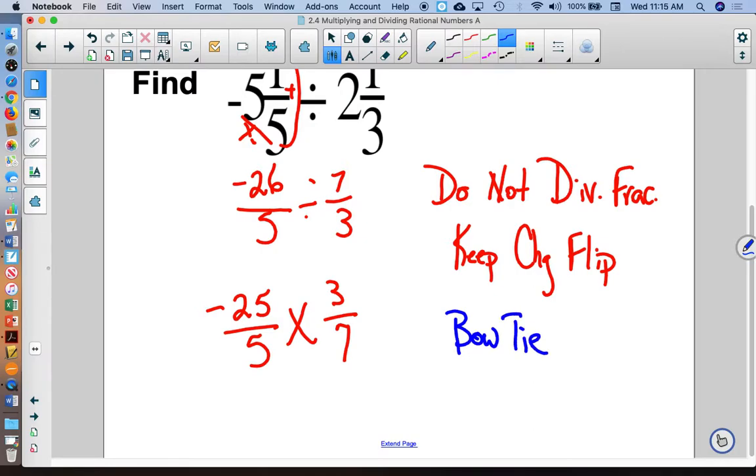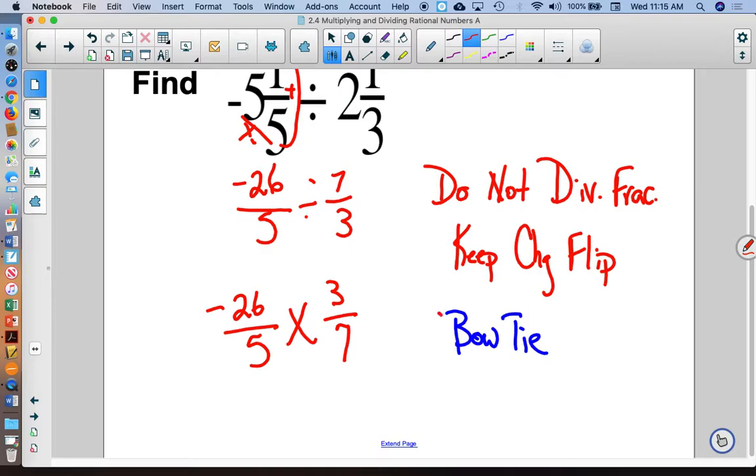Can I reduce here with the negative 26/5? Somebody said, oh, that's supposed to be a 6, isn't it? Yeah, thank you. That was supposed to be a 6. How about if I put the 6 back? Okay, can I bow tie in that? No, I can't. Bow tie doesn't work.